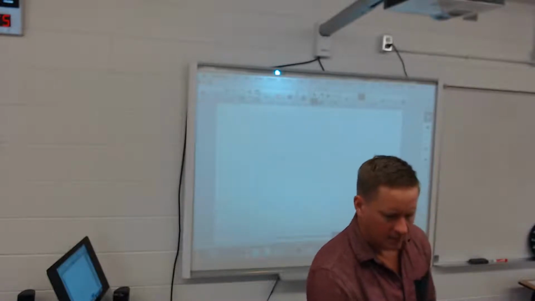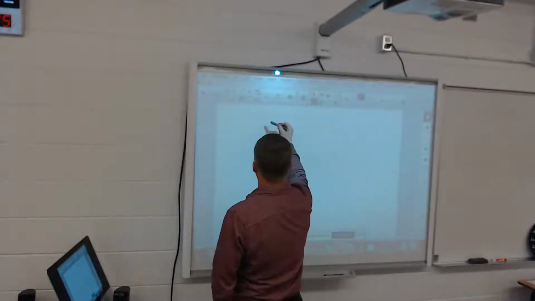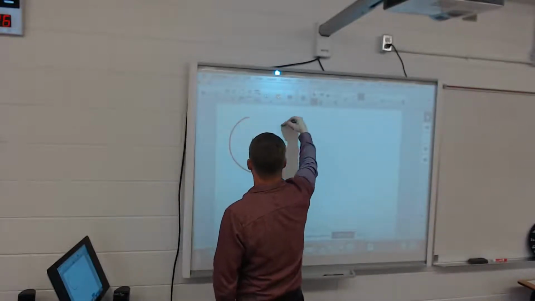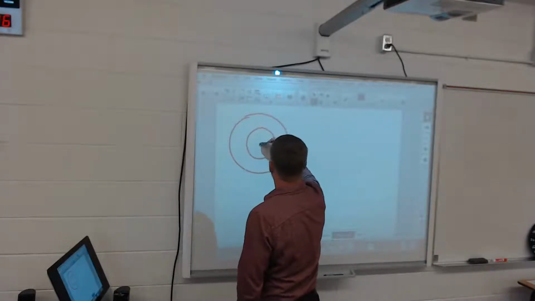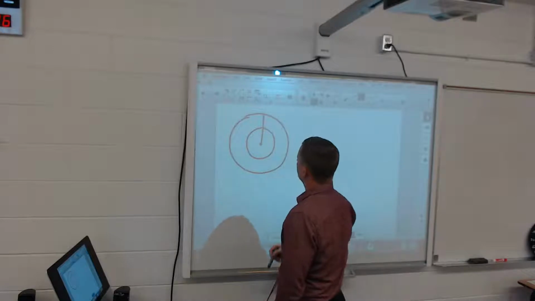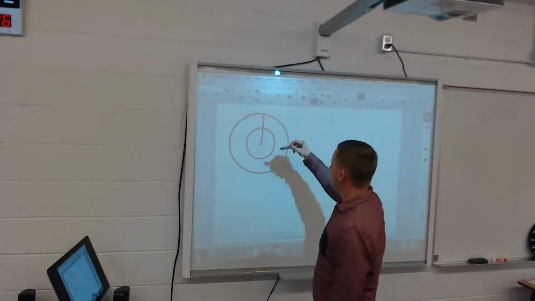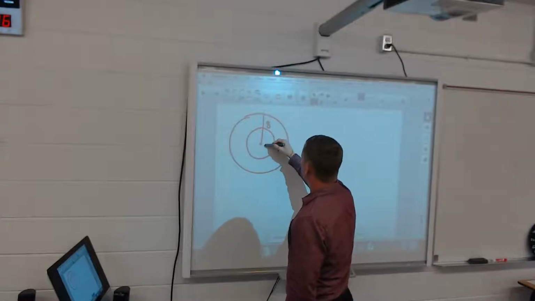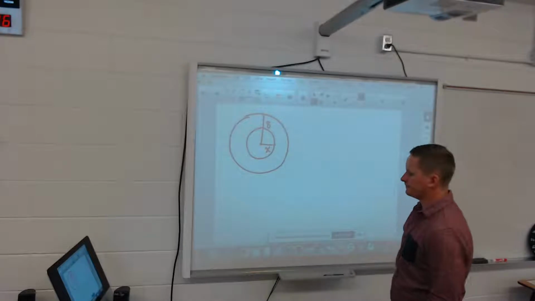Okay. All right, 9 and 10 are exactly the same question. So here's what happens. I have 2 circles. To the outside edge, it measures 8. I don't know what the inside radius is. It's x.